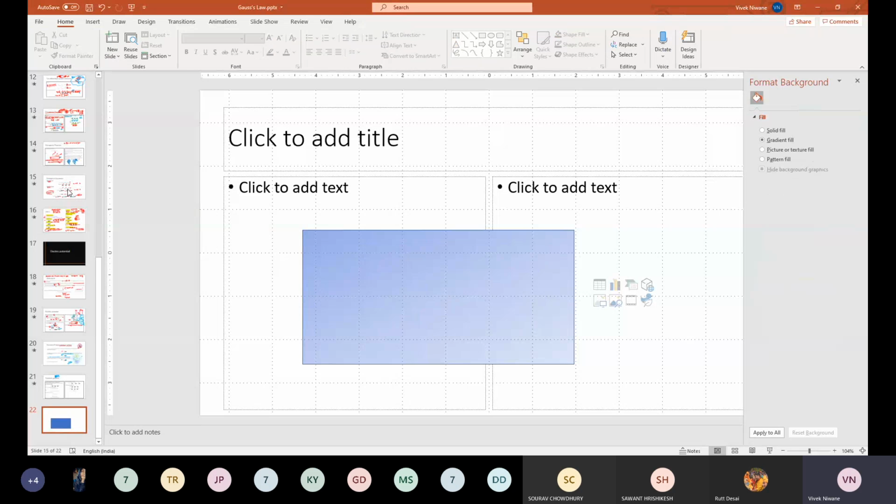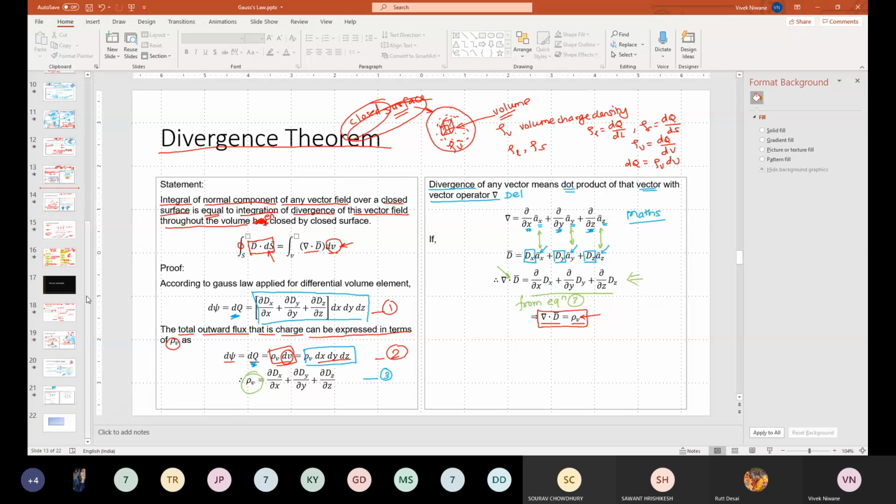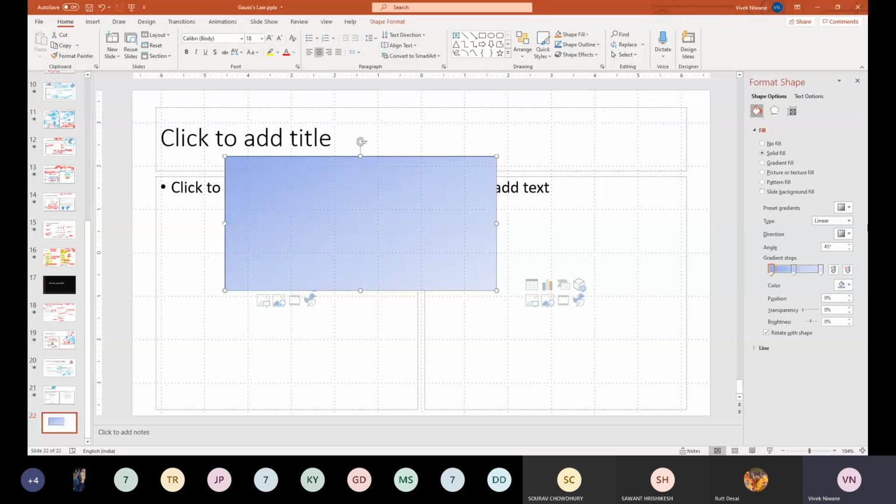So once again something has happened to my PowerPoint. So you can observe the change in the gradient as well. These are nothing but gradients, where we have some change in the amount of a quantity, a change in the amount of a variable with respect to distance. This is a blue gradient over here.